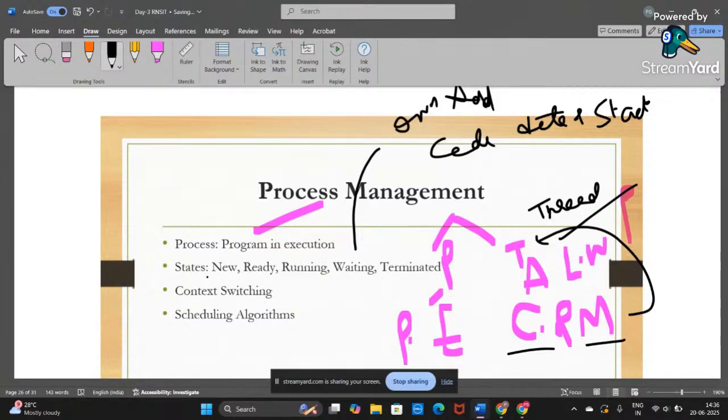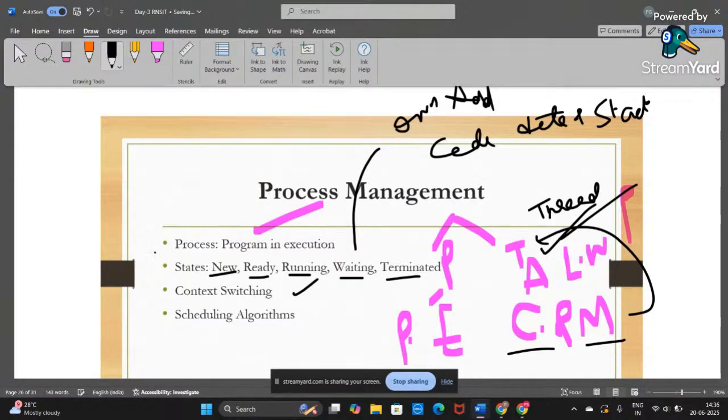And the process states are new, ready, running, waiting, and terminated. Next is context switching, which comes under threads. A thread is a faster context switcher.